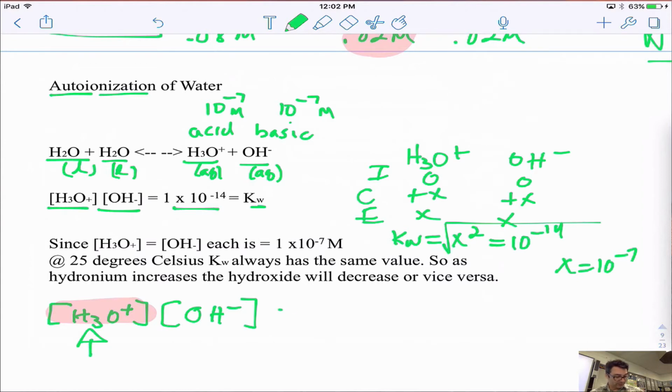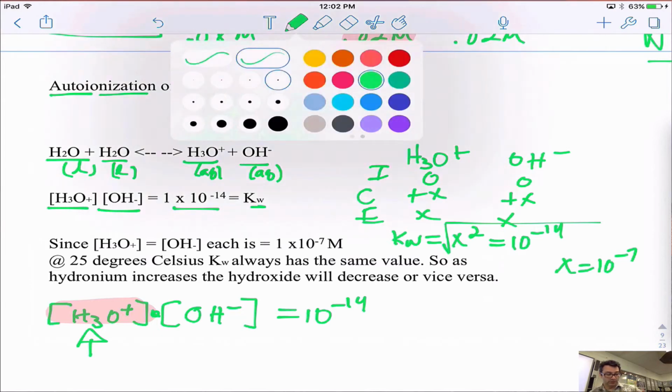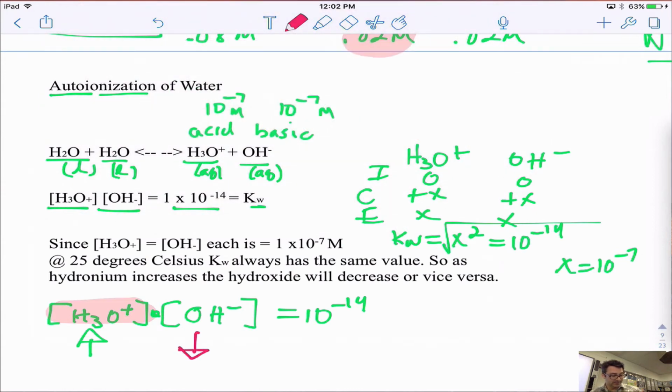Since they both have to equal 10 to the negative 14th when they multiply together, driving up the H3O plus will in return cause the OH minus to decrease. When you add an acid to water, you're shifting the equilibrium. It's basically Le Chatelier's principle. We're taking the water and causing a shift.